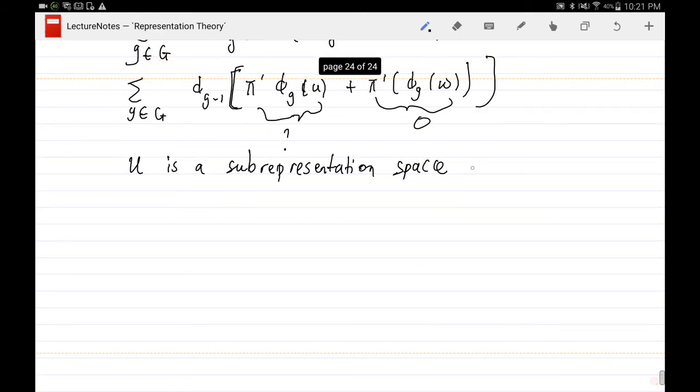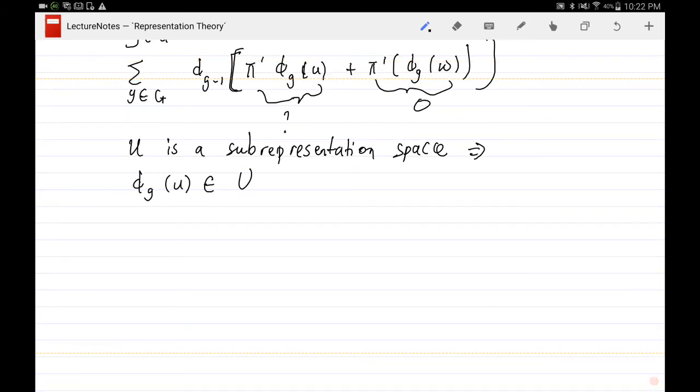So that means that phi of g acting on u is again in U. So when the projection operator acts on this thing here, the result is again in U. And what that means is that if I restrict this projection operator to the sub-representation space U, it acts by the identity.